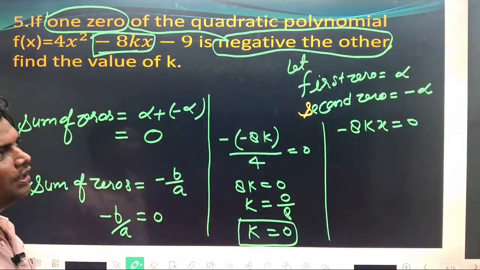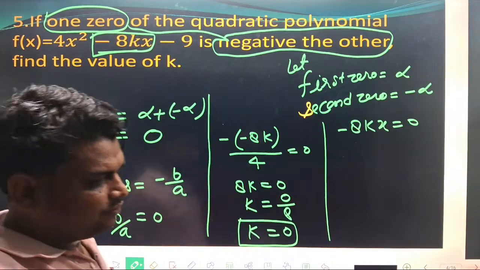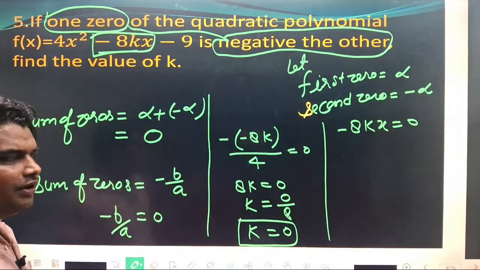For example, if one zero is 5, the other zero is negative 5. Does everyone understand?